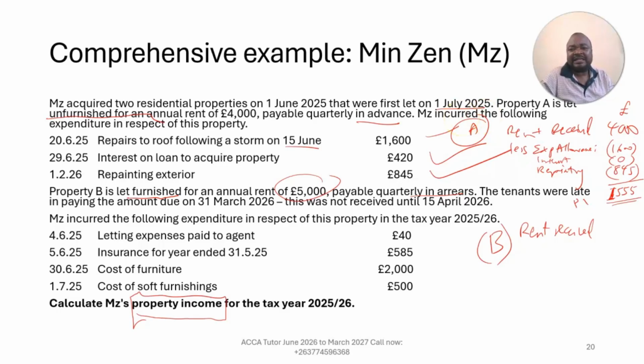That's when they started staying at this property. So the first quarter which they had to pay was which quarter? Was the quarter ending, let's say July, August, September. On 30th September, the first quarter was ending.